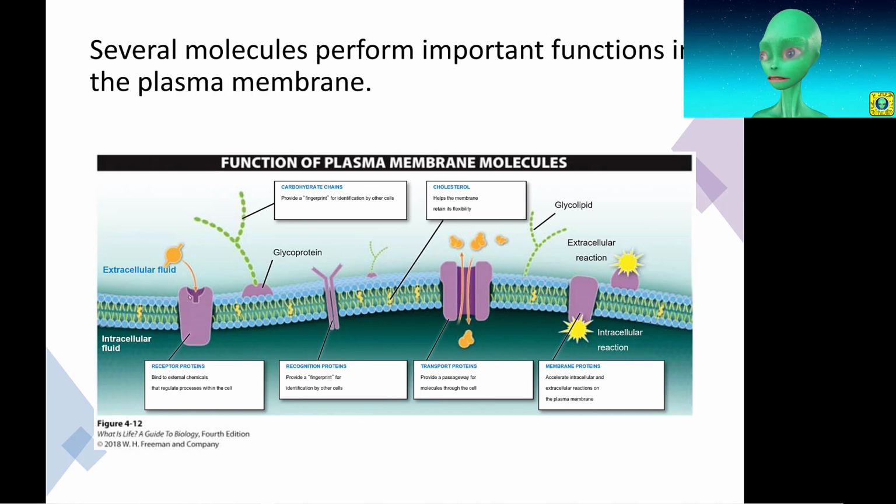With extracellular fluid, we can bind these sorts of things and regulate processes within the cell, sort of as a communication. Then we have recognition proteins, a fingerprint for identification by other cells. We'll talk about various aspects of these things, but this is really, really important.